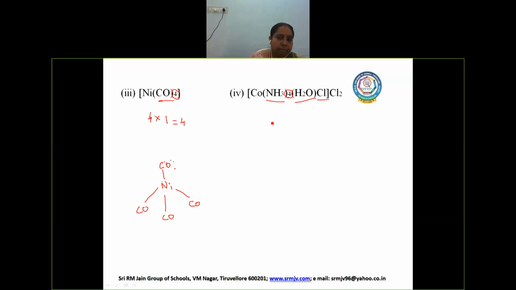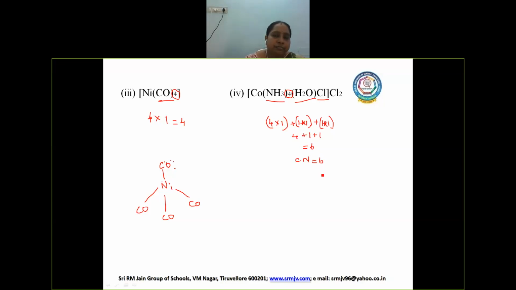So the coordination number will be 4 into 1, because in amine the denticity is 1. Plus 1 water molecule is present, whose donor site is oxygen and denticity is 1, and then 1 chloride is present, whose denticity is 1. Okay, so 4 plus 1 plus 1 is equal to 6. So here the coordination number of this complex is 6.